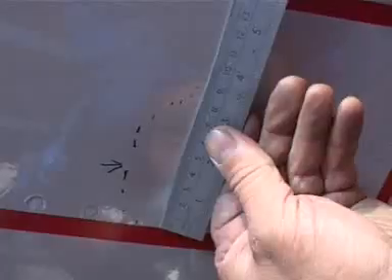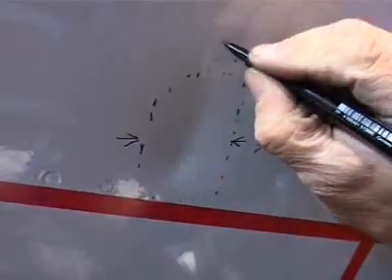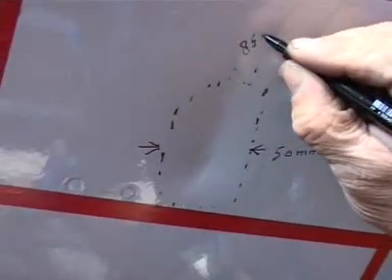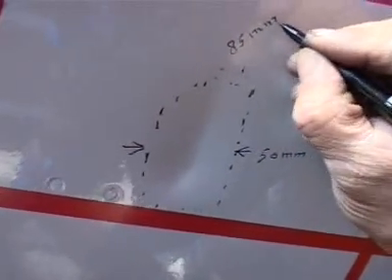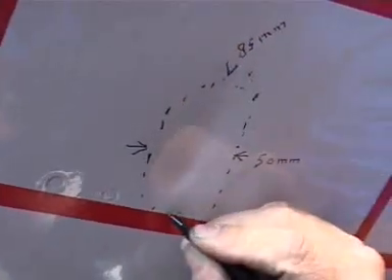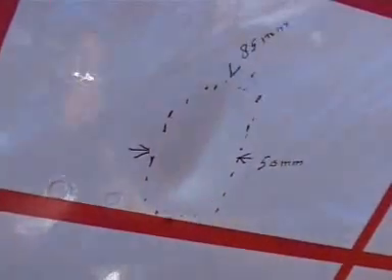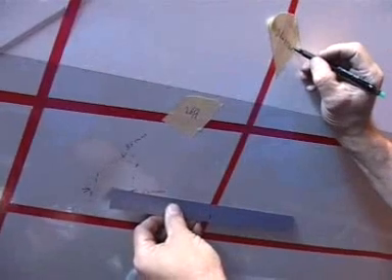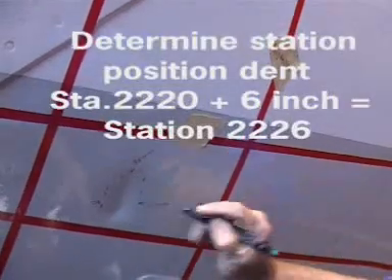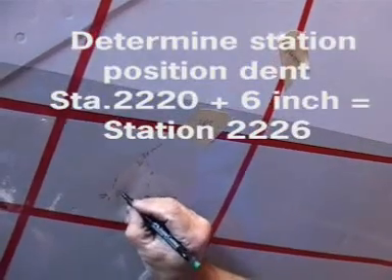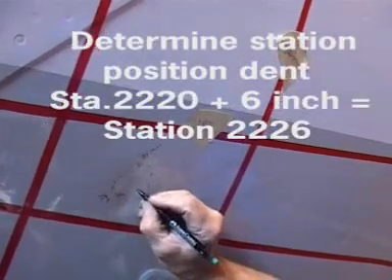Lastly, measure the position of the dent in comparison to the nearest station and stringer locations. This particular dent is located 6 inches up from station 2220, which means that it should be reported as being at station 2226.